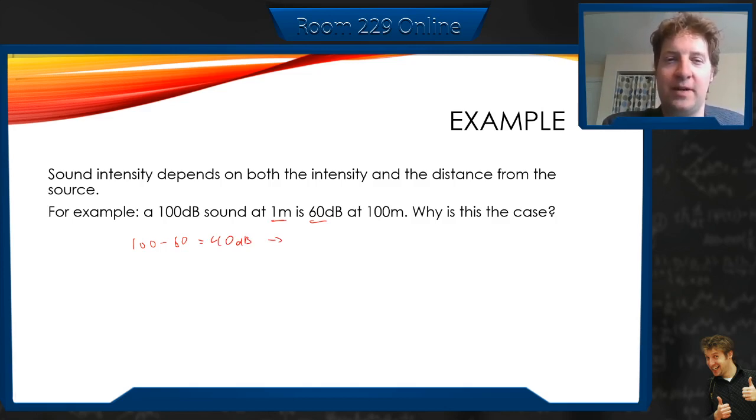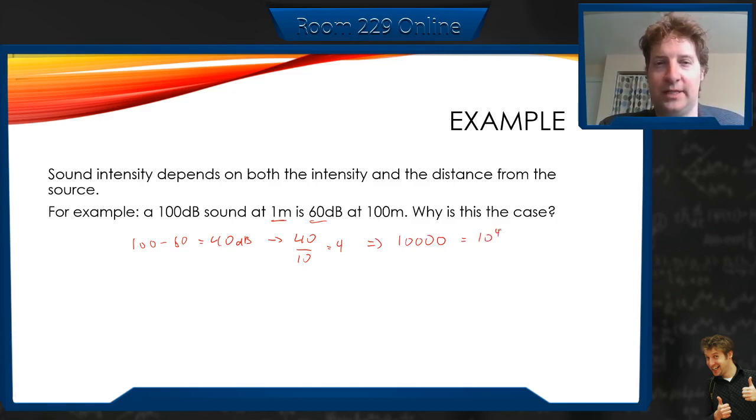So 40 divided by 10 is 4. So that means it's a difference in sound strength by 10,000, which is 10 to the 4. Okay, it's 10,000 times quieter. That's what the difference between 100 decibels and 60 decibels is.